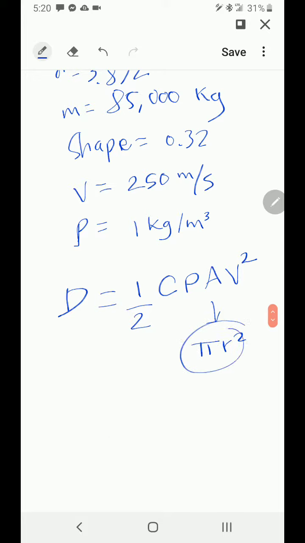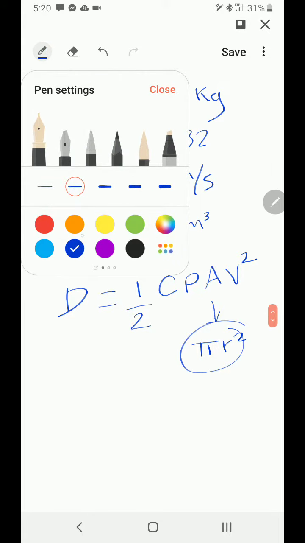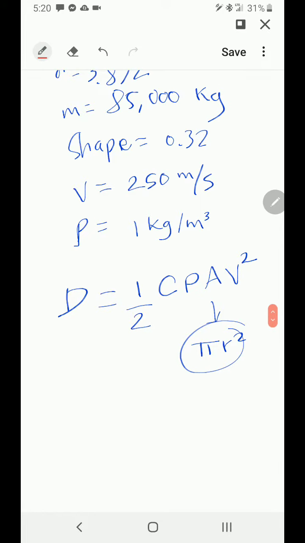That's the mistake I made, because instead of using pi r squared, I think I used 2 pi r as an area, and that's just the length of the circumference, not the area of the circle, and that's what you gotta do here.